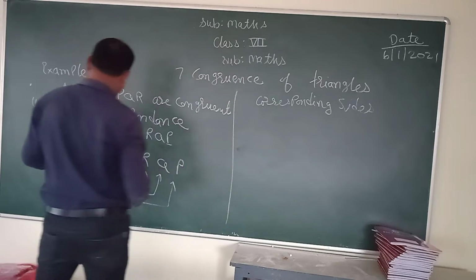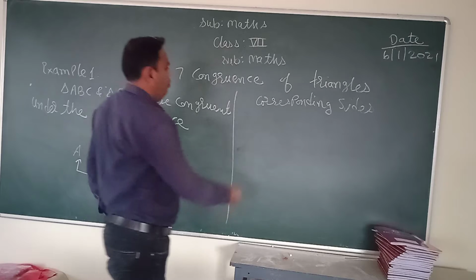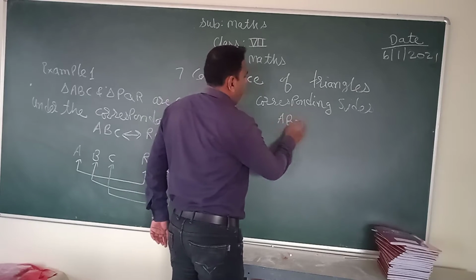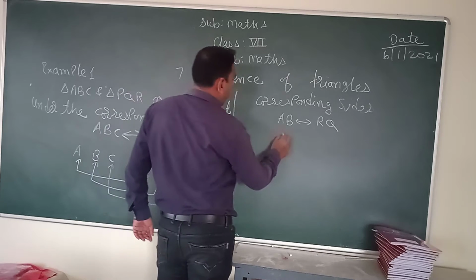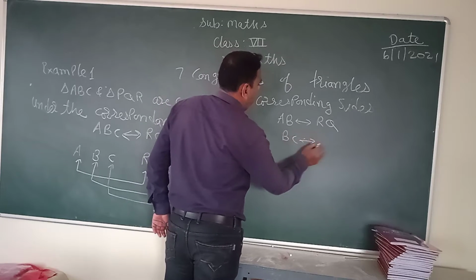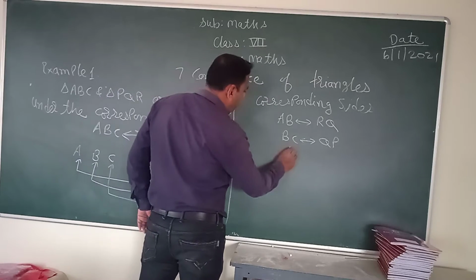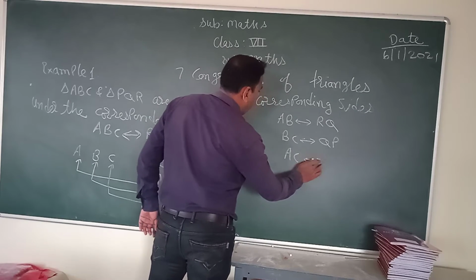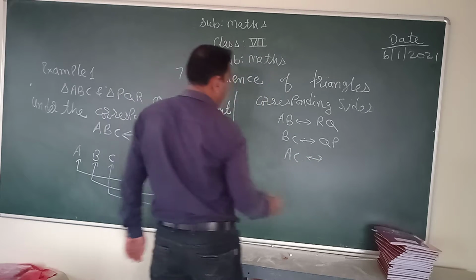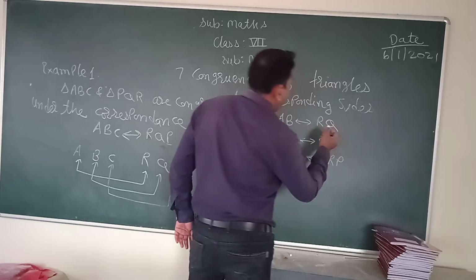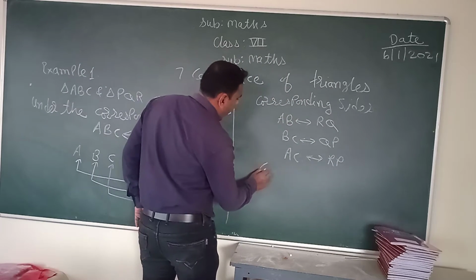Here AB corresponds to RQ. Then BC corresponds to QP, and AC corresponds to RP. These are the corresponding sides of these two triangles, and now we write the corresponding angles.